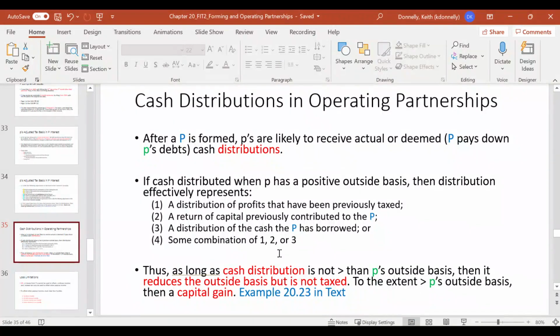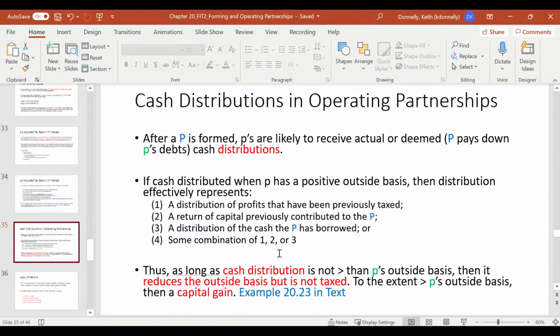However, even though your outside basis can never go below zero, as we just indicated, if you have a distribution that pushes it below zero, then the excess amount, once you go past zero, is going to be taxable as a capital gain.